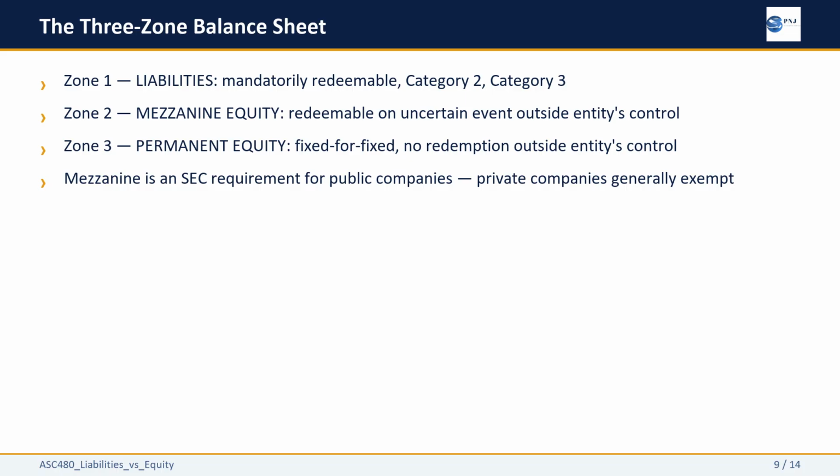An IPO that may or may not happen, a change of control, a holder's option. Not certain enough for an ASC 480 liability, but not stable enough for permanent equity. Mezzanine presentation is an SEC requirement for public registrants. Zone 3 is permanent equity, fixed for fixed instruments with no redemption features outside the entity's control.